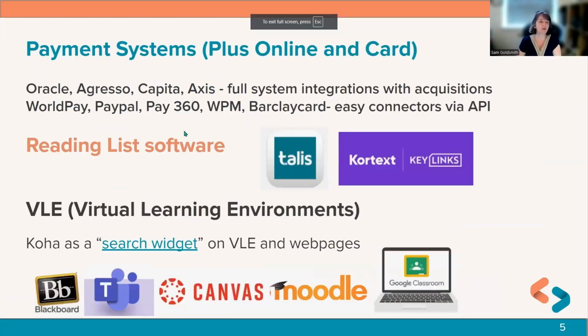Now, let's have a look at payment systems. Again, this is something I can't really show you in practice, the reason being, obviously, that these are behind firewalls. They are something that you would only want your authorized persons to have access to. But we can do full integrations to finance systems.